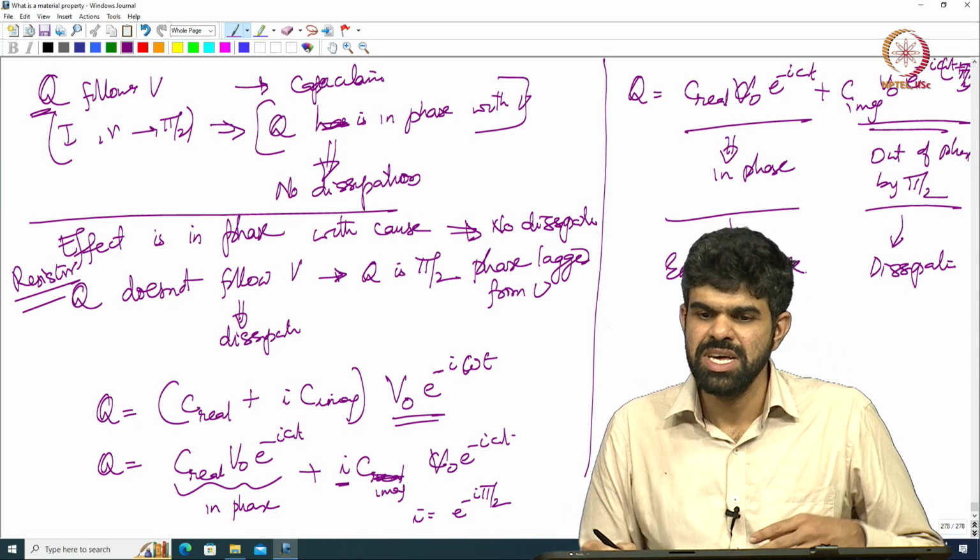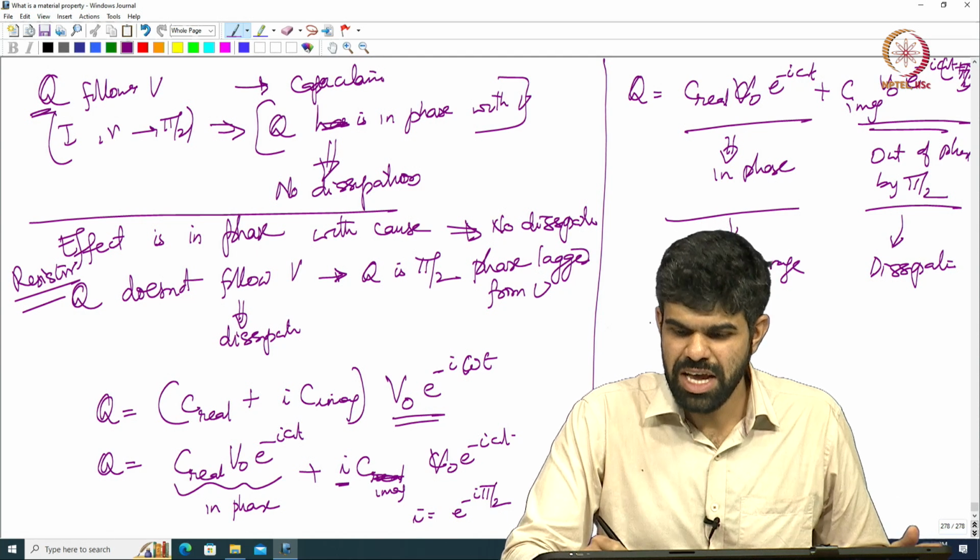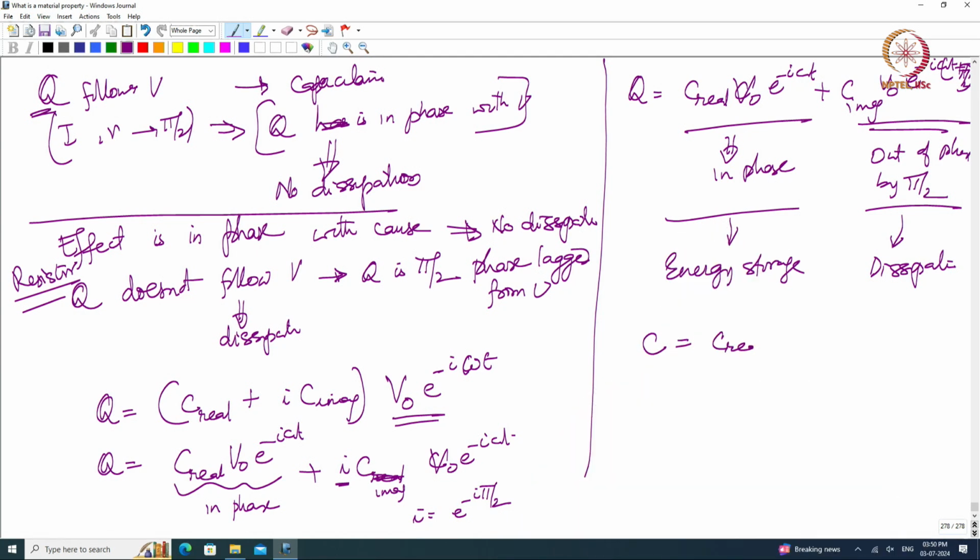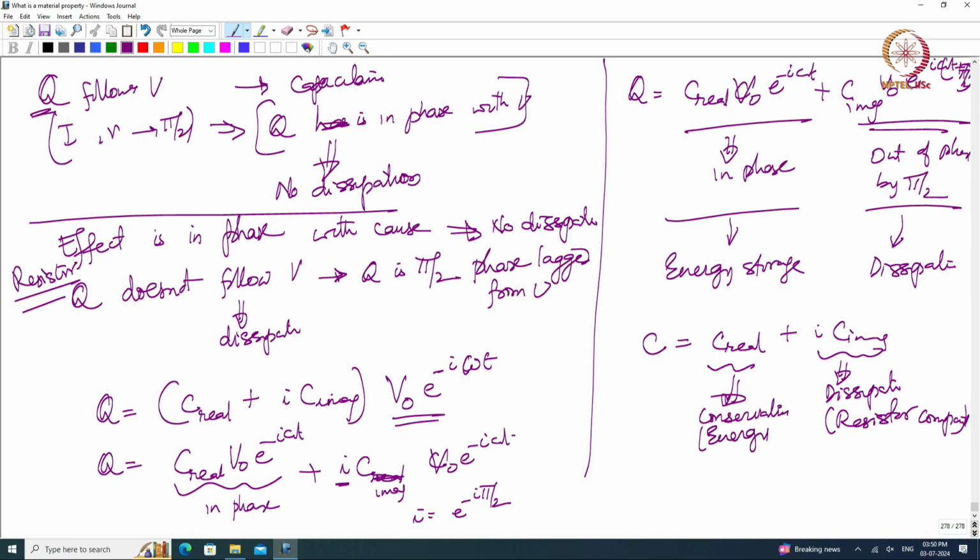In other words, if I write C as C real plus C imaginary, the imaginary is telling me about dissipation, the resistor component, and the real part is telling me about the conservative or energy storage component.